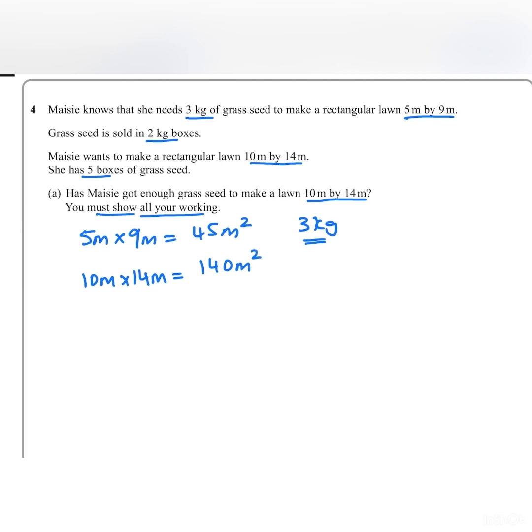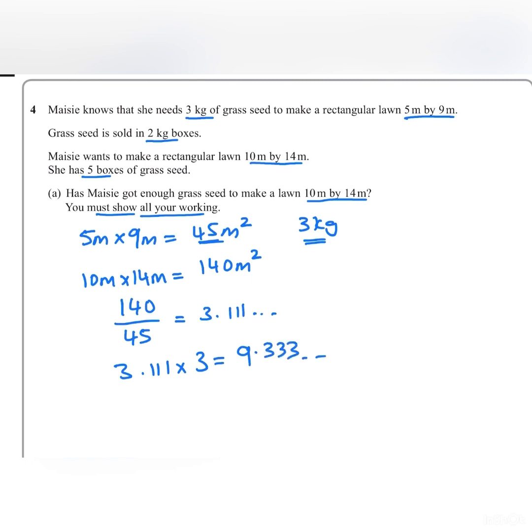Okay, so if I divide this area by 45, I get 3.111 recurring. And we know that 45 meters squared is covered by 3 kilograms. So 3.111 times by 3 should give us how many kilograms of grass seed we need, which is 9.33.